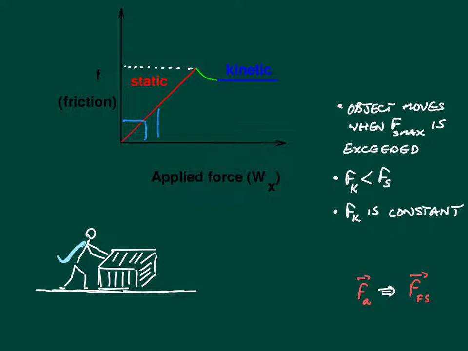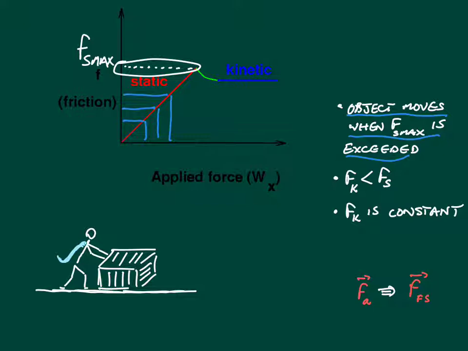But as you apply more force, the static force keeps increasing up to a point which we have already talked about, which is Fs max. After this point, the applied force, if it's greater than that, will be enough to move the object. So basically, an object moves when Fs max is exceeded by the applied force.